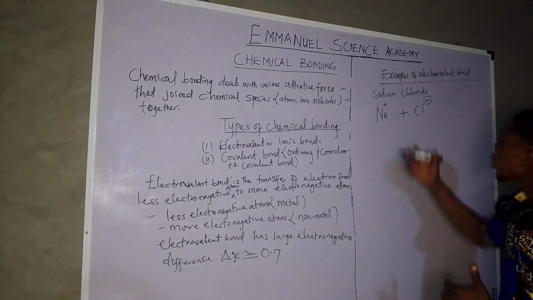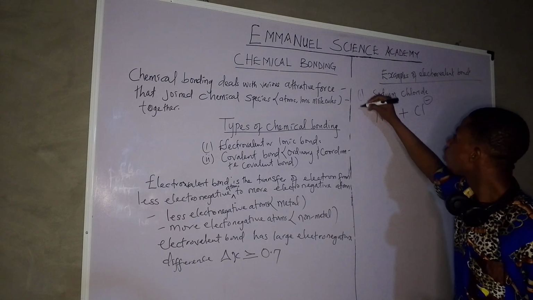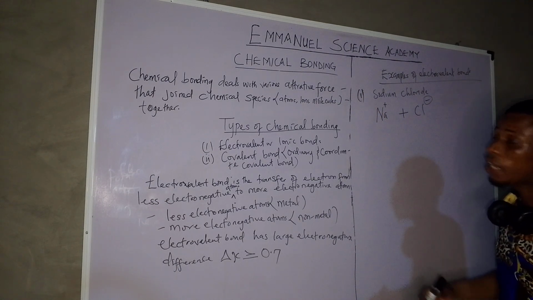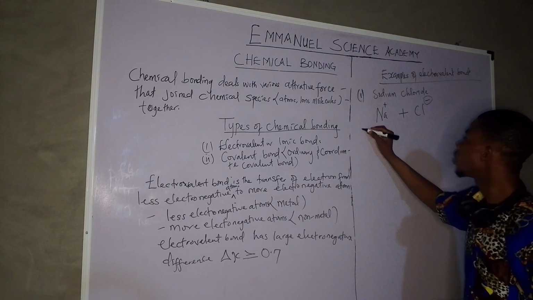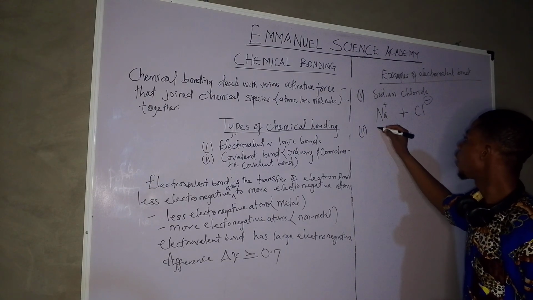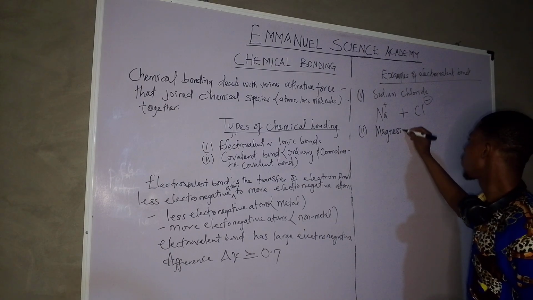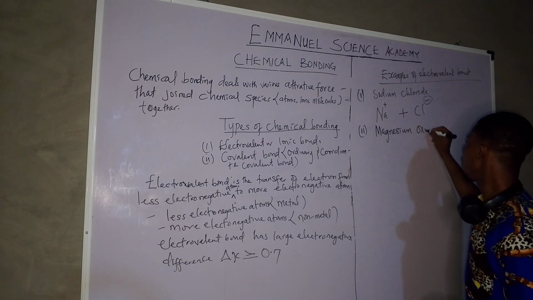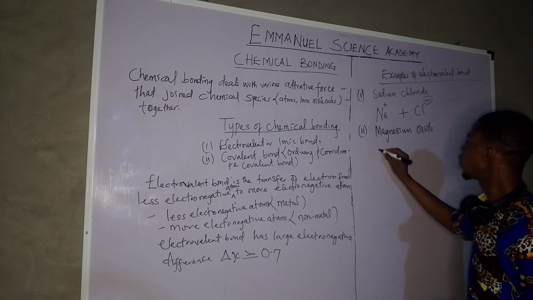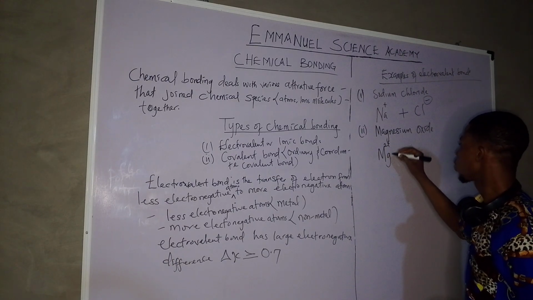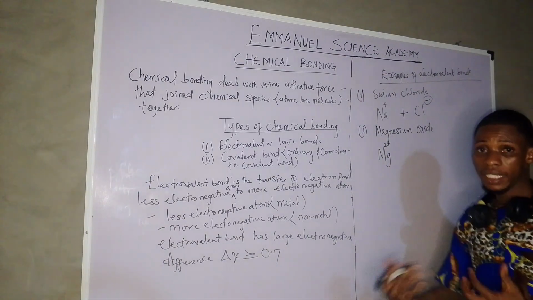So what are the examples that we still have in electrovalent bonds? Number 2, we have magnesium oxide, that is magnesium Mg2 plus. Magnesium has the tendency to do what?